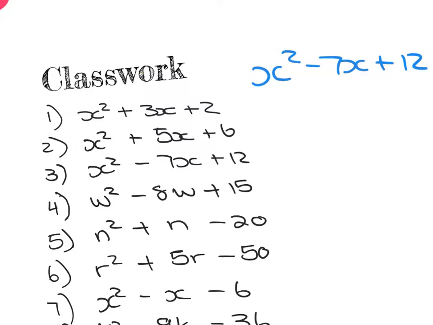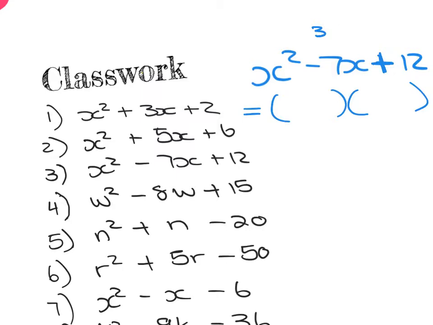Now, this one, you're going to put into your 2 brackets, and the factors of 12 that will make 7 will be 3 times 4. And remember, it's got to be the same signs so that you'll have a plus at the last term.